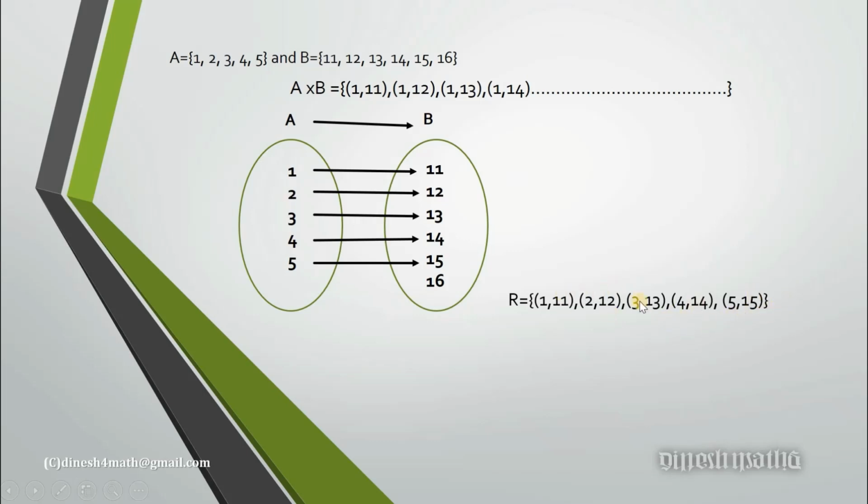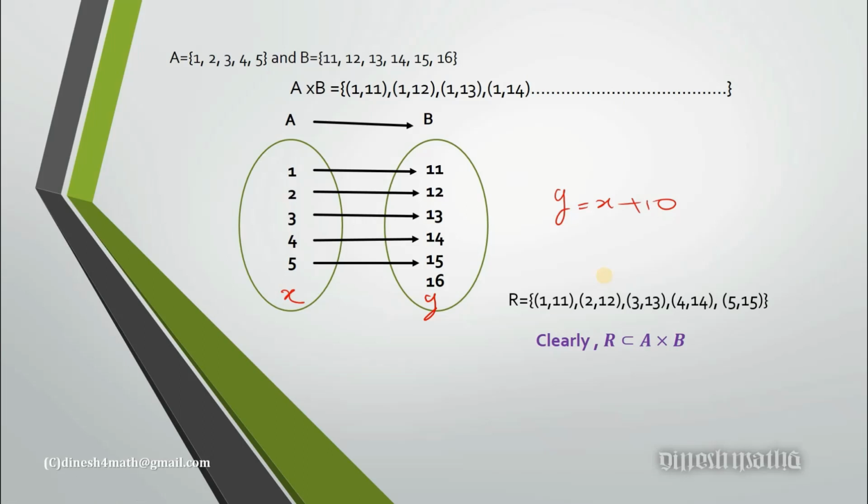Clearly you can understand this will be a part of the entire Cartesian product A cross B, and that gives you the definition for a relation: a relation is nothing but a subset of the Cartesian product A cross B. If you observe, every first element and second element has a unique relationship established. If I consider the elements in the first set as x and the second set as y, I can easily say y is equal to x plus 10, and that satisfies each ordered pair.